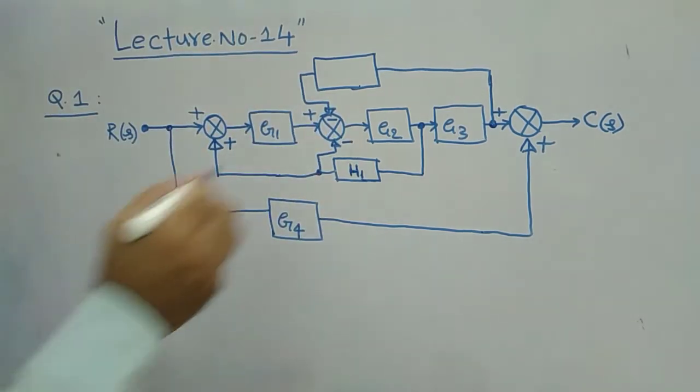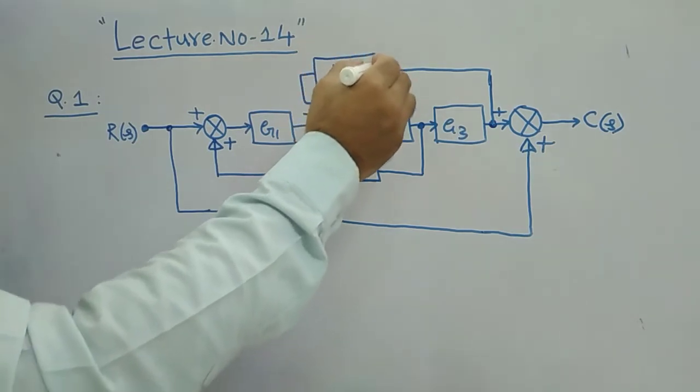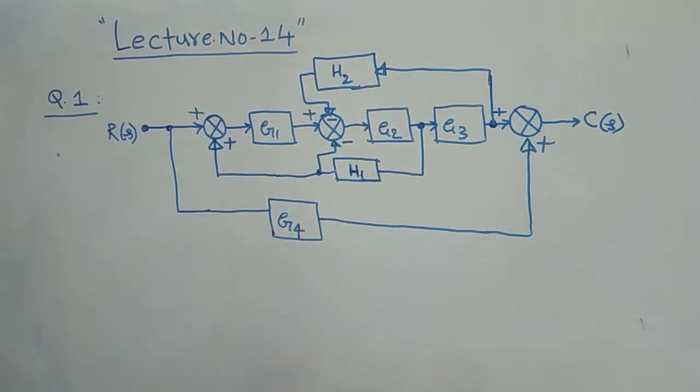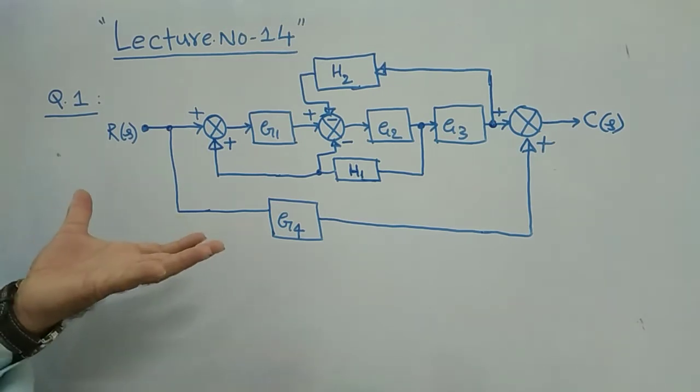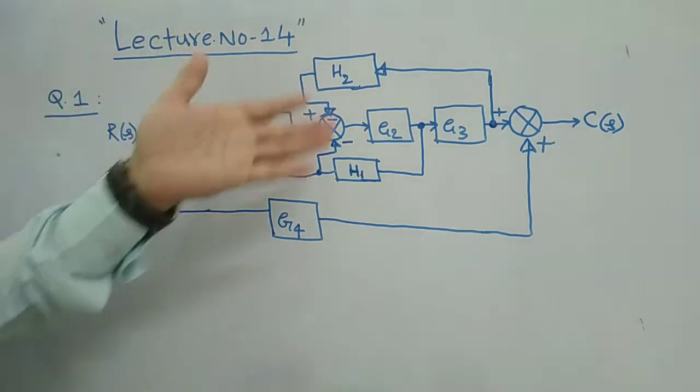What is this gain? It is H2. So this is the given block diagram.